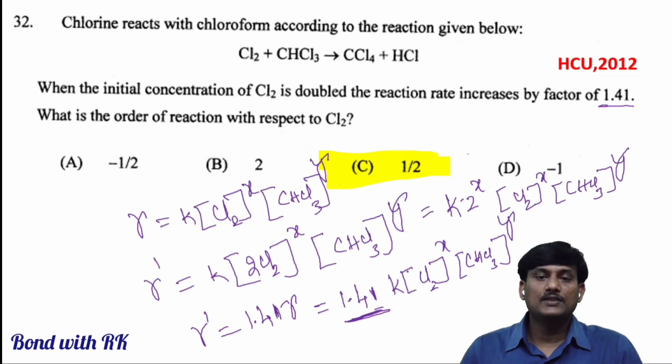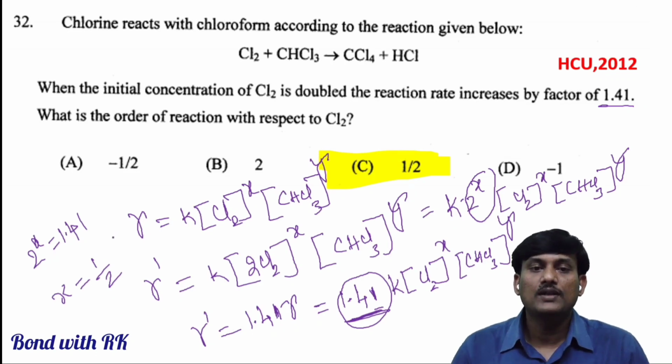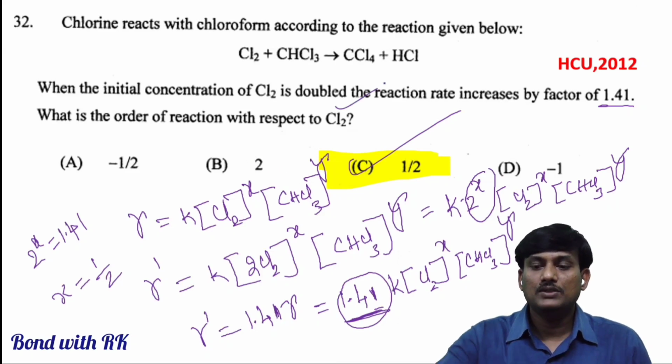If we compare these two equations, 2 power of x is equal to 1.41. When x is equal to 1 by 2, that is the square root of 2, the value is 1.41. So x is equal to 1 by 2. The order of the reaction with respect to Cl2 is 1 by 2.